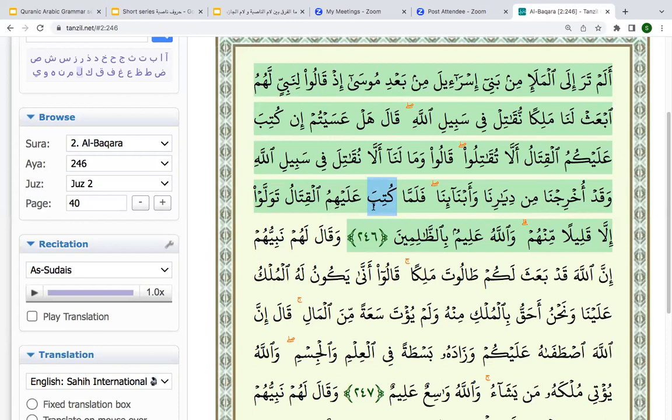So when fighting was mandated or was made obligatory upon them, kitalu, right? Kitalu was the end. Everyone agrees. And where is my jawabu shart beginning from?